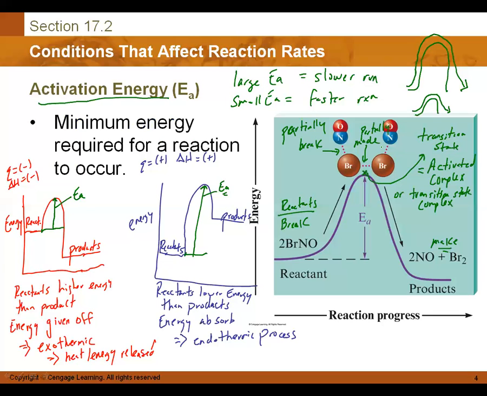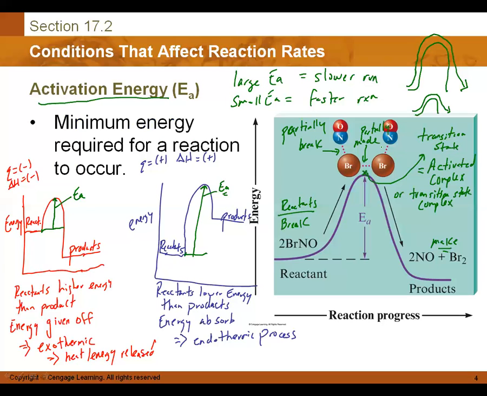This activated complex has partially made and partially broken bonds. Because these bonds are in transition, which is why I sometimes refer to it as a transition state, these species are very, very high in energy.